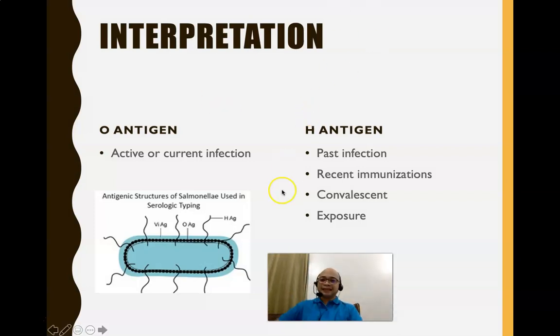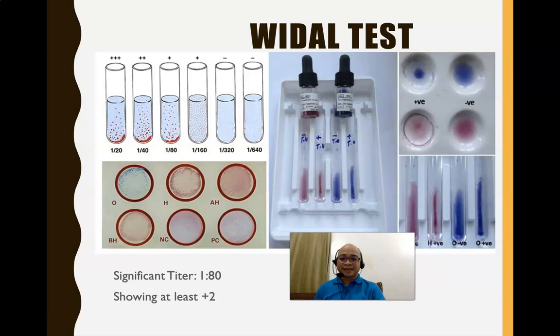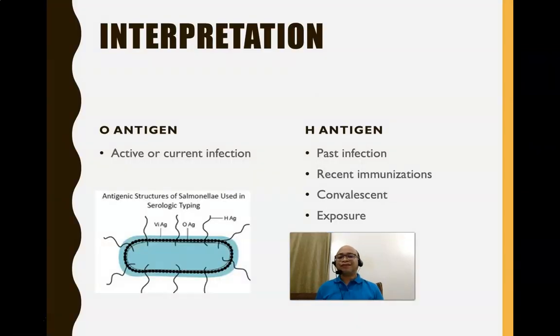In interpretation, the significant titer is 1:80, which means that it has to be at least +2 to be considered as significant, right? So if you have more than 1:80 in O antigen, it indicates active recurrent infection.